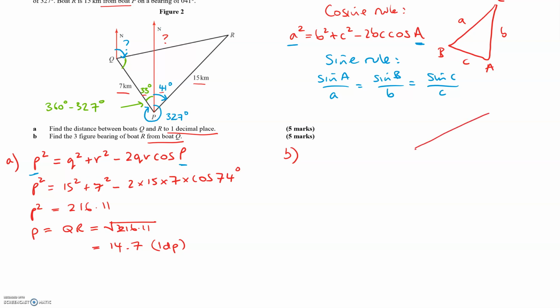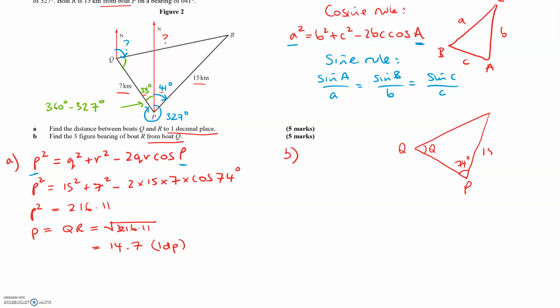So I'm just going to redraw that triangle and mark in the things that I want, really. So this is the angle Q that I'm looking for at the moment. The angle down here I know is 74, and for the sine rule I just need two angles and two sides that are opposite each other.